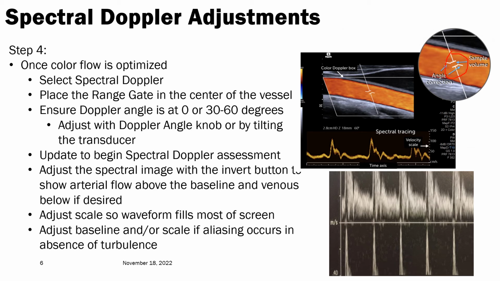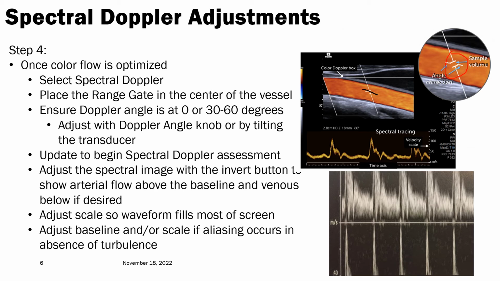Once you have that gate centered to the vessel, then you are going to bring up your Doppler angle. It may come up with your gate, or it may be something that you have to hit a Doppler angle button to add. And you can see here this line that you see coming right through the gate here is the Doppler angle. You want to make sure that that Doppler angle is, number one, parallel to the vessel wall.